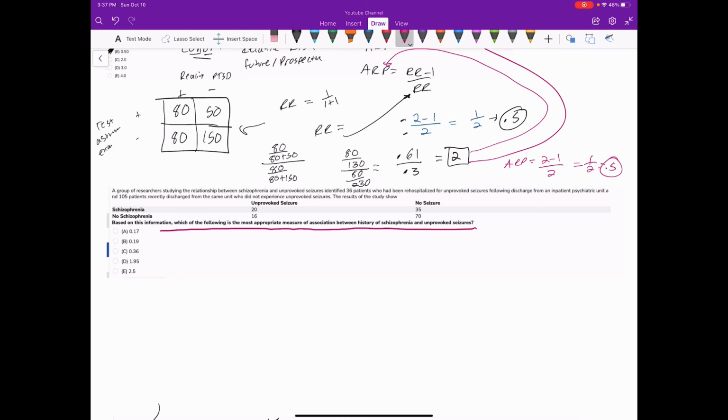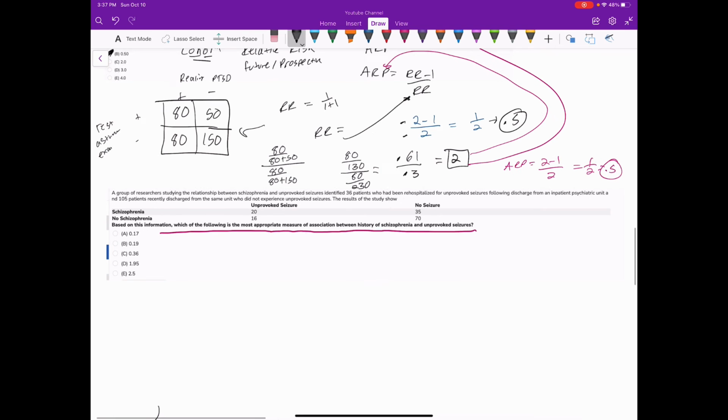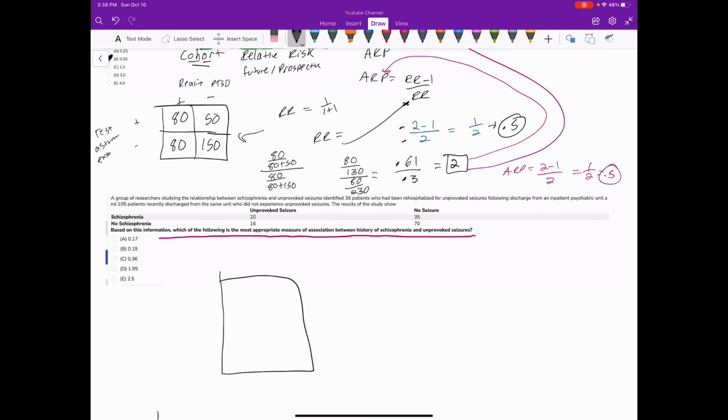Wow. Okay, so what do you think you do? Well, we can make a chart first if we're confused. So we make a chart. Make our box, right? And we're going to say reality, unprovoked. Okay, this is our test. So it's positive, negative, positive, negative. Schizophrenia is our reality.